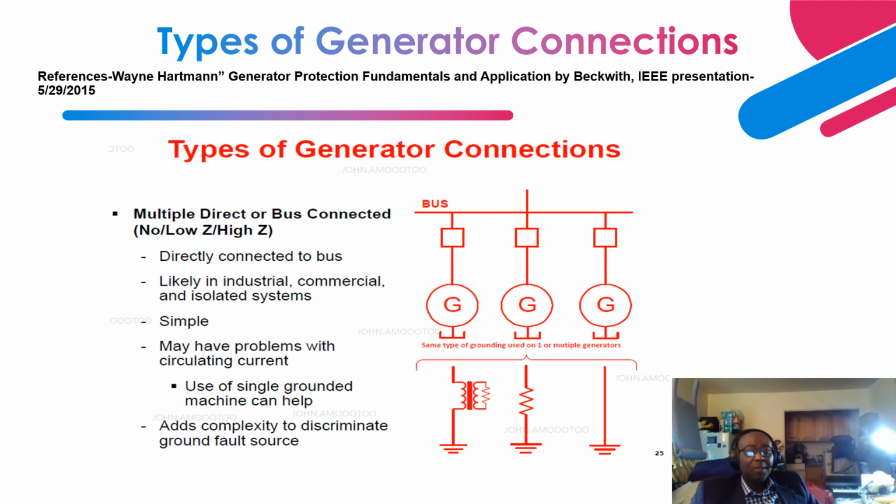And you can have them all connected to a common bus, right? So these are usually used in industrial and commercial facilities. And basically, you can have problems of circulating current because of the different grounding schemes. So it is very appropriate that you have a single grounding scheme in such a connection.